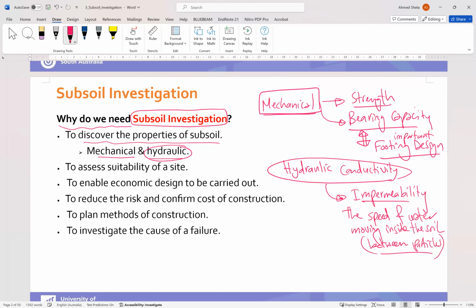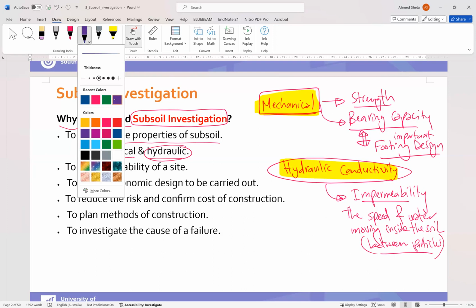Okay, so this hydraulic conductivity or hydraulic properties are also important to know how fast the water moves inside the soil between the particles. So we have some mechanical properties and some hydraulic properties we need to know based on the investigation of the soil, or subsoil investigation.